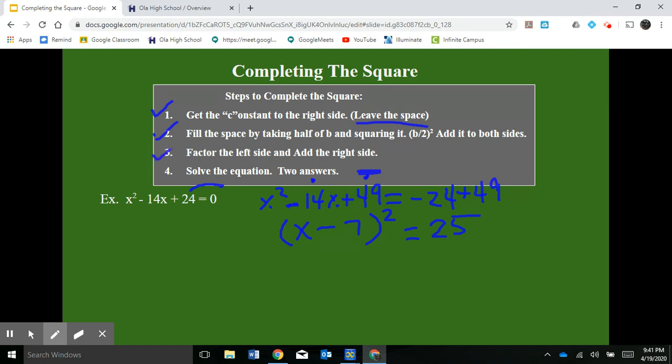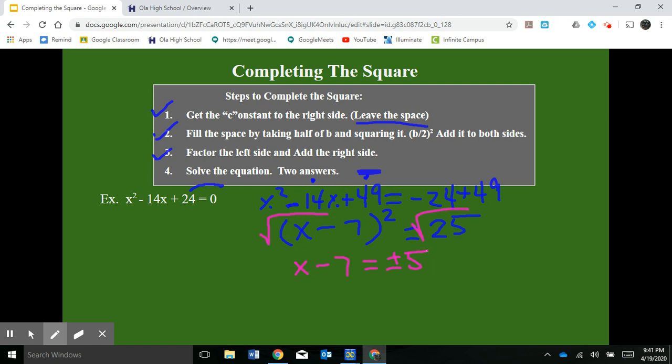Now we solve the equation like we did on the previous page. This is a square root problem, so we take the square root of both sides. x minus 7, because the square root cancels out the square, equals the square root of 25, which is plus or minus 5.